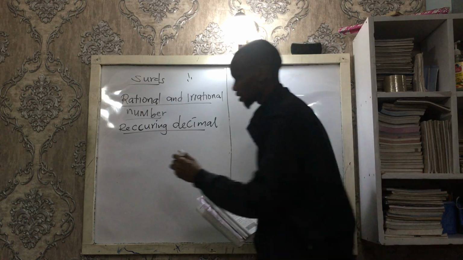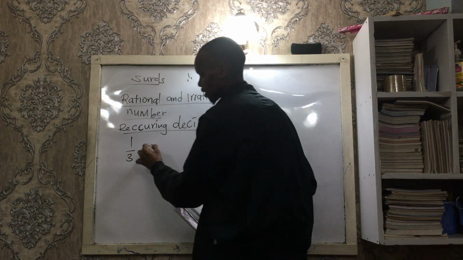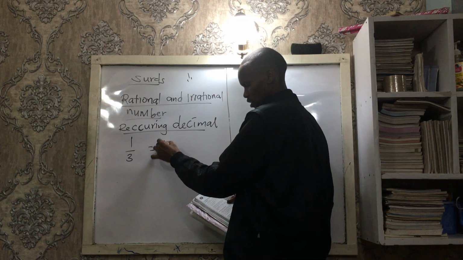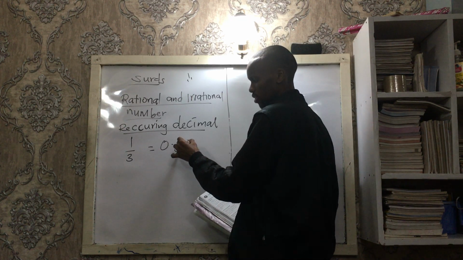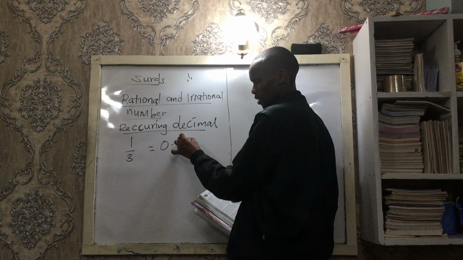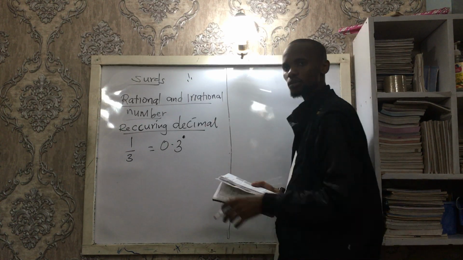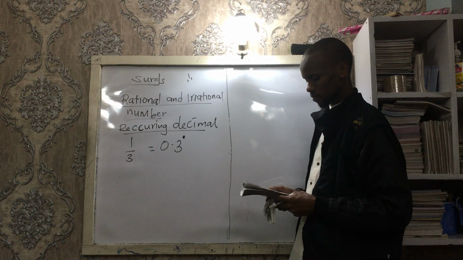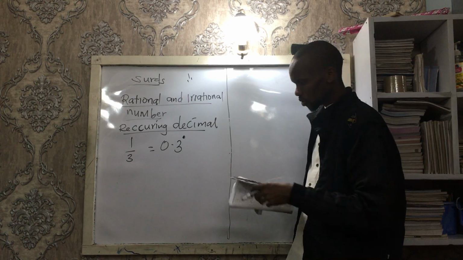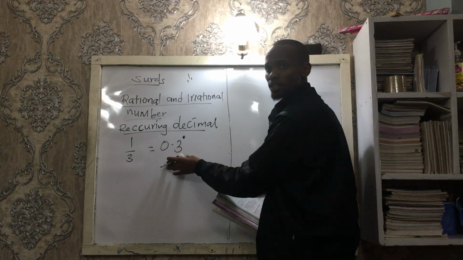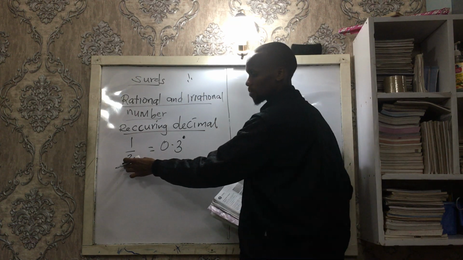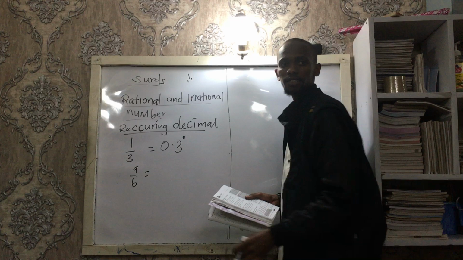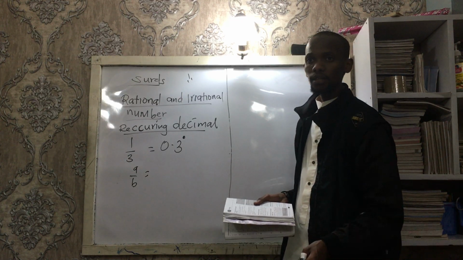When I have 1 over 3, this gives me 0.3, but this 3 is recurring. You remember we put a dot on top of it, representing a recurring decimal. So even though they are non-terminating recurring decimals, you can represent them as a fraction, a over b, and as an exact number.